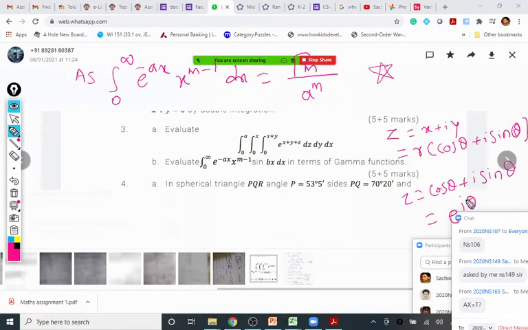This is the exponential form of a complex number. So e raised to i theta is Euler's formula, which says it is cos theta plus i sin theta. Out of all these, we should remember this only. What is e raised to i theta? e raised to i theta is cos theta plus i sin theta.